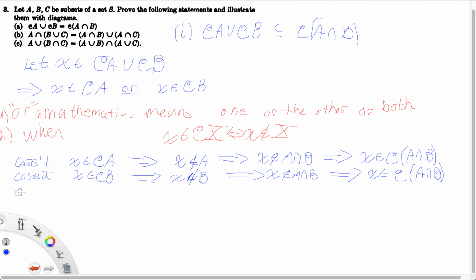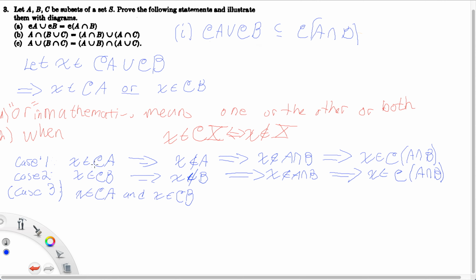Okay, and you might be wondering, what about case 3? I argue that we don't really need a case 3. The quote-unquote case 3 is that x is in the complement of A and x is in the complement of B. But as you can see, since x is in the complement of A and in the complement of B, it falls into both case 1 and case 2.